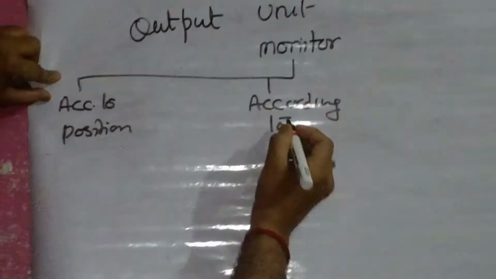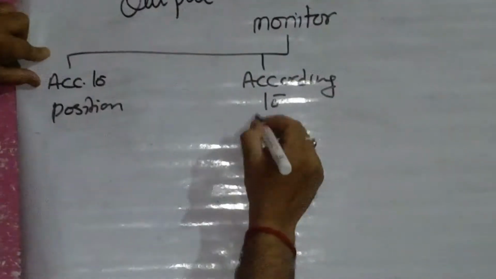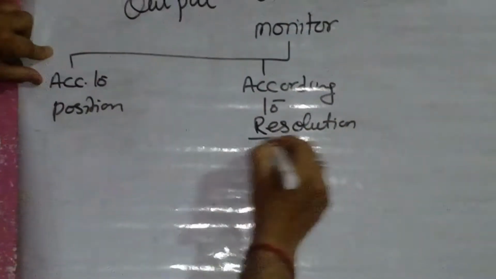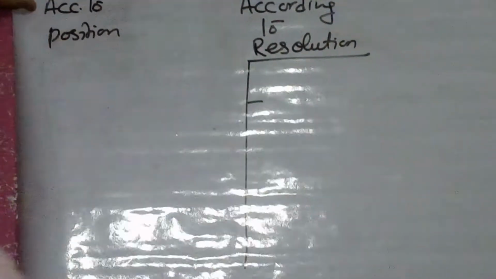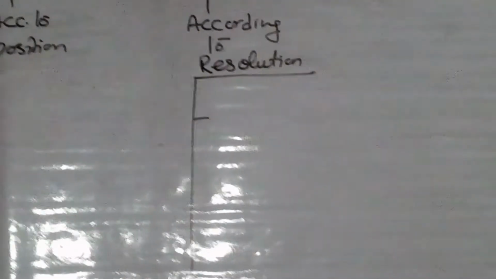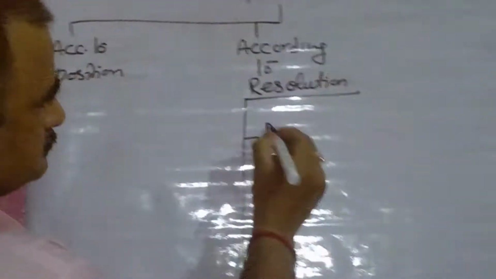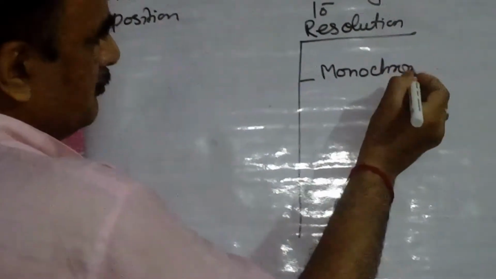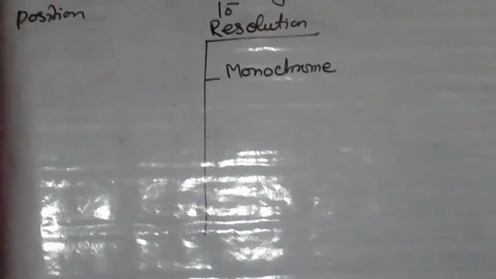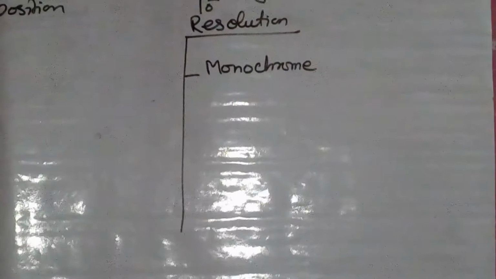According to resolution, they are divided into different categories. Number one, monochrome monitor, where there is only black and white.